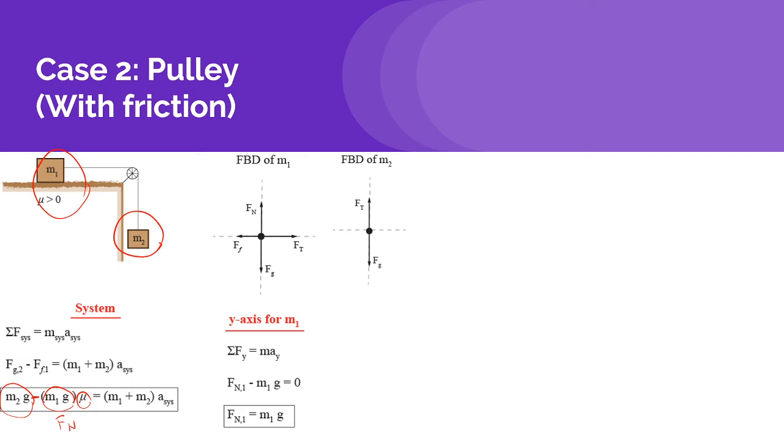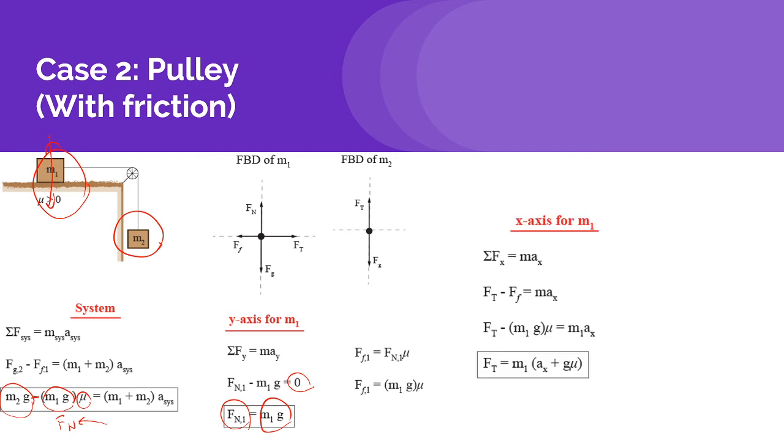Then on the y-axis of m1, you are going to have no movement on the y-axis, so that means acceleration is 0. So Fn1 is equal to basically how much it weighs. So that's why your Fn right here is multiplied with mu to find the friction force. And you can directly find your friction force by multiplying your normal force, or your weight of the first object, with mu.